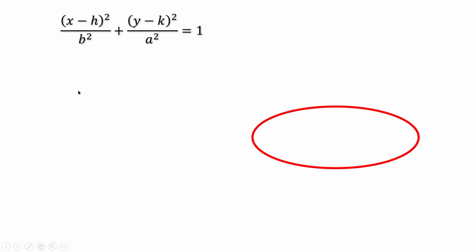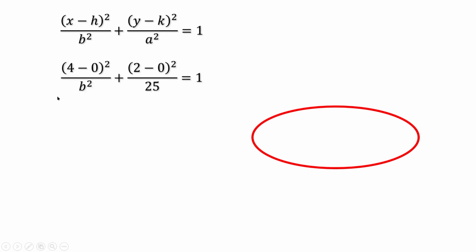We have to use the formula the square of x minus h over b squared plus the square of y minus k over a squared is equal to 1 since we have a vertical major axis.